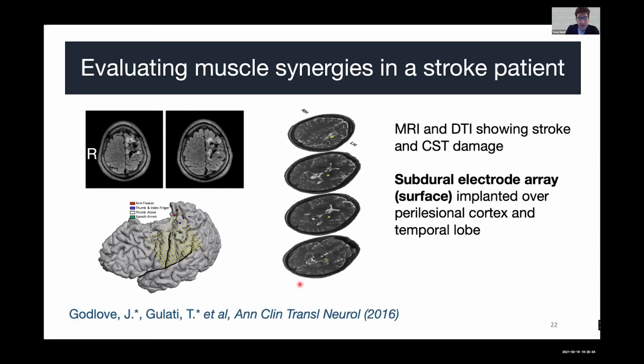So this is the patient's MRI and diffusion tensor imaging, which is showing that this patient had a supermassive stroke. This was a very sad case. Typically, stroke occurs in old age, but this was a 35-year-old patient. And this recording was done 4 years after his injury. So that's also something to keep in mind, that there has been enough window, so this is not in the acute phase after stroke.